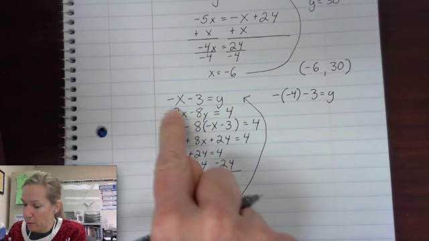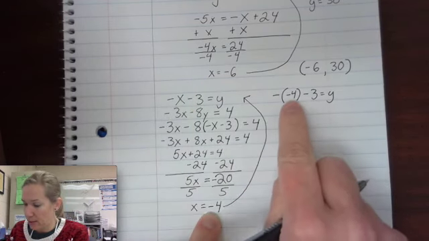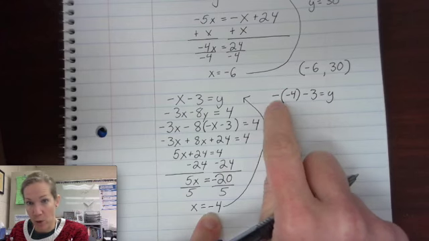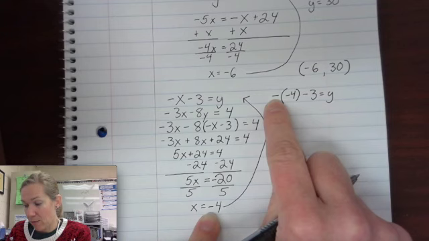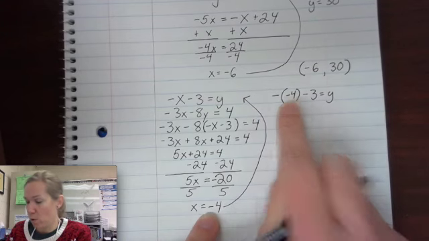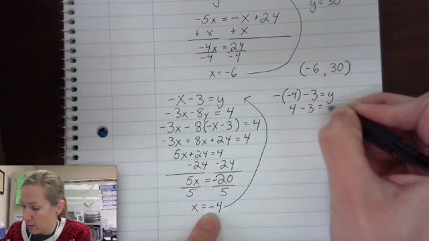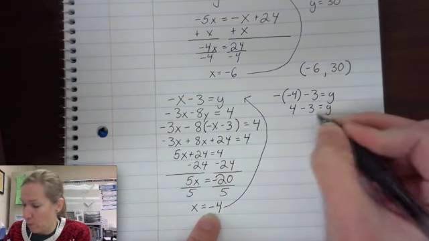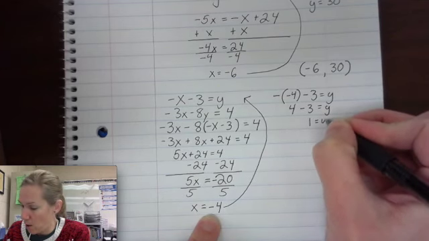Remember, this is a negative 1 times x. So if x is negative 4, we still need to multiply that by the negative 1. So negative 1 times negative 4 is going to give us just 4 minus 3 equals y. 4 minus 3, of course, is 1 equals y.